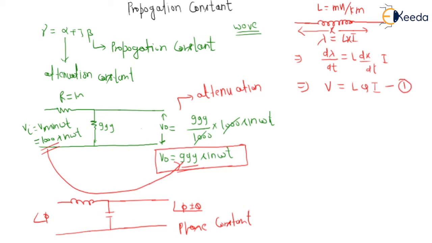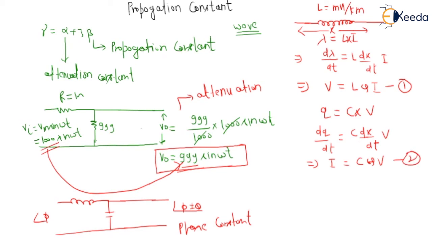We also know that the value of Q is equal to C into x into V. Differentiating both sides, dq by dt will be equal to C into dx by dt into V. So from here we can write that the I value will be equal to C into V into v. So this is equation number 2.